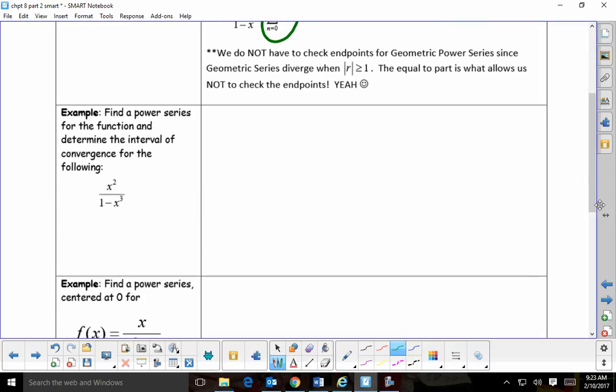So let's look at our first one. It says find a power series for the function and determine the interval of convergence for this guy. Okay, well, it is set up A over 1 minus my R. So it is set up beautifully for us. So my power series that I'm going to have, to go from the sum to the series, I would have to start at 0.